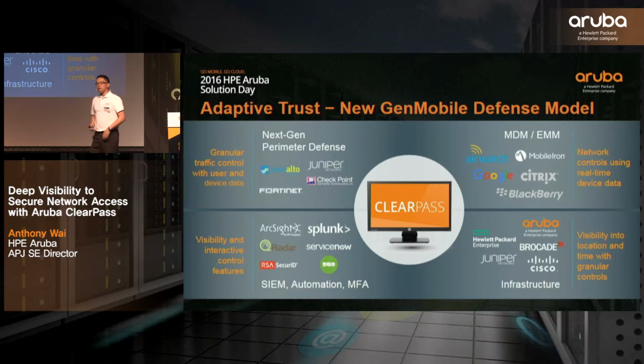On the top right, you want to be able to exchange information with the MDM, mobile device management, because a lot of enterprises have invested in mobile device management systems, and you can get a lot of information from them because they have an agent sitting on the mobile device itself. And on the lower right, you will see that we can interact with a lot of different networking vendors. So ClearPass is a vendor-neutral solution. It doesn't need to only work with Aruba networking or HPE networking solutions.